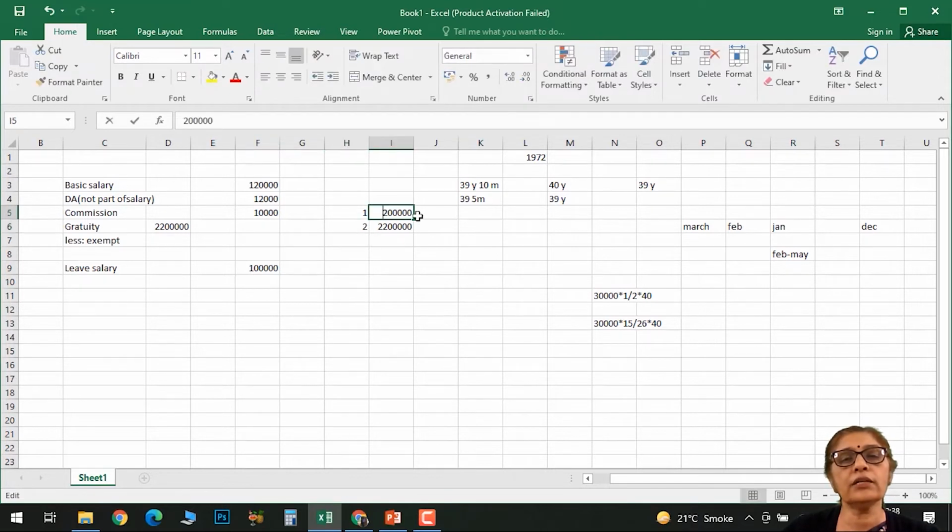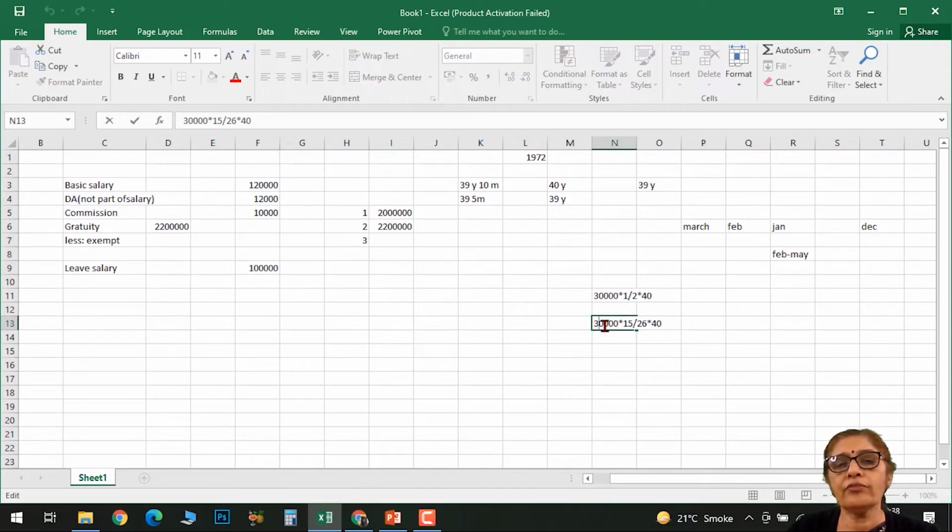What is this 22 lakhs? The amount of gratuity actually received. And point number 3, let's say you are covered by Payment of Gratuity Act. So we have this. Per month 30, half month 15 days, 15 by 26, 40 years of service.